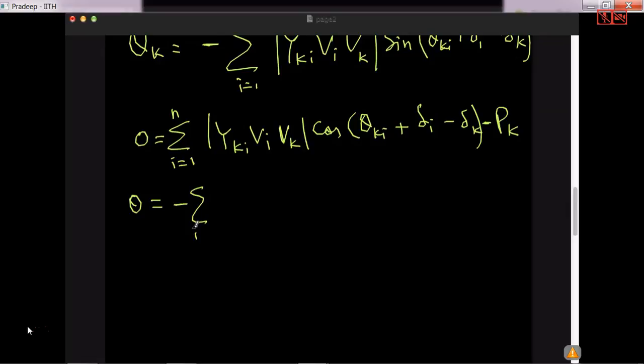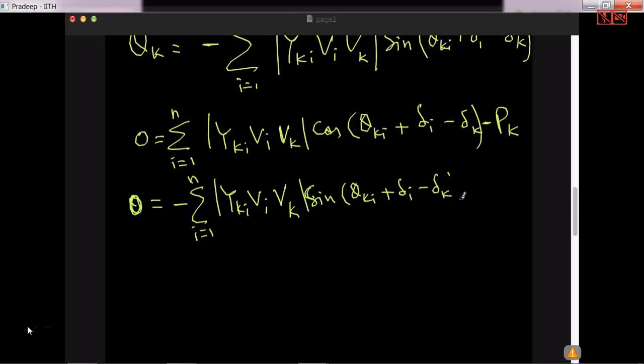0 equal to minus of summation i equal to 1 to n Yki Vi Vk sine of theta ki plus delta i minus delta k minus Qk. So this is my second equation. So I have two equations which are equal to 0.